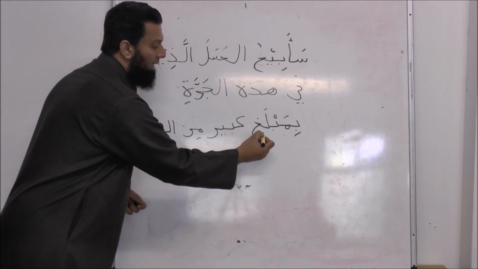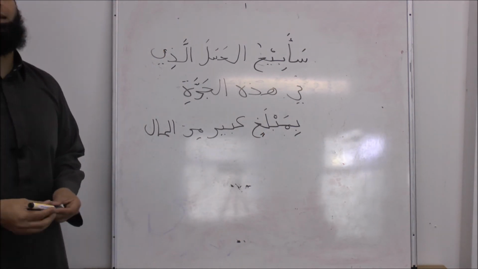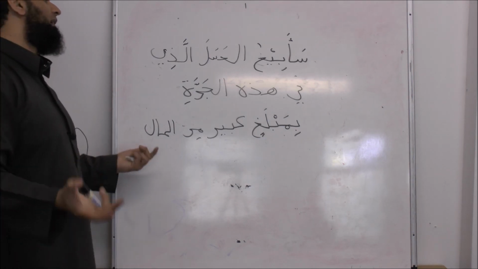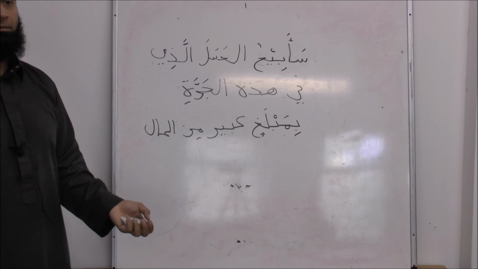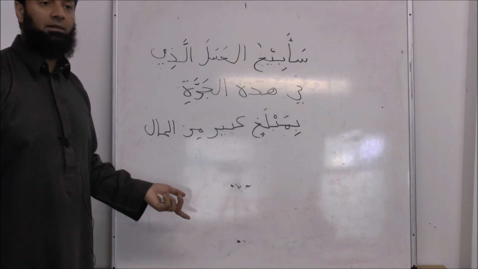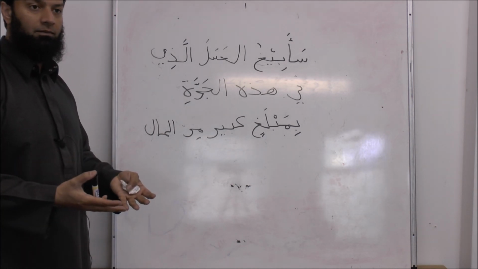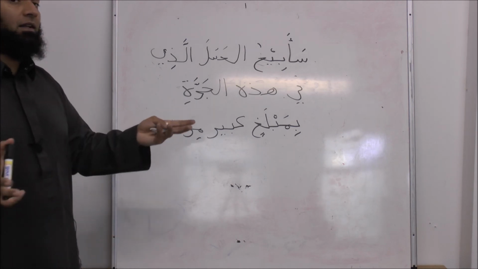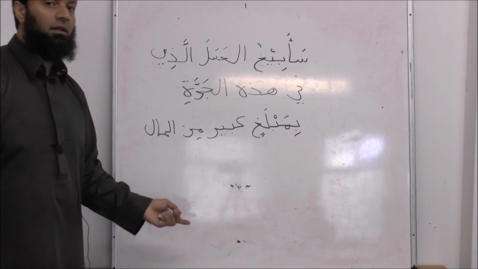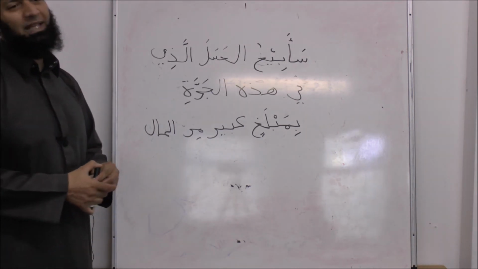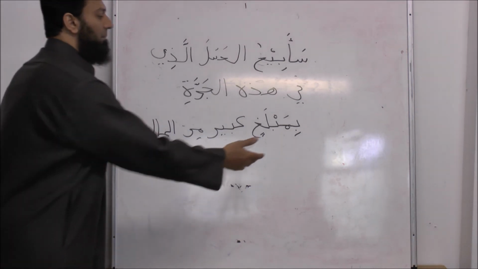Why is it بمبلغ here? B is a harfu jar. So it must be بمبلغ. What does مبلغ mean? Amount. So I'm going to sell the honey which is in this jar with the amount, or here it really means for.